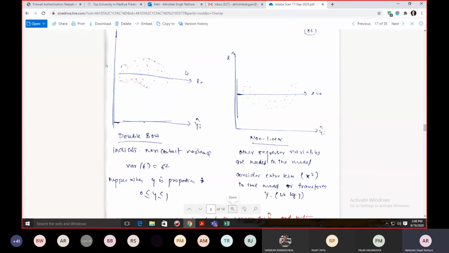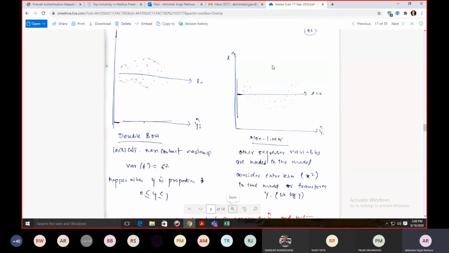Again we are having a non-linear plot that is available for us. What it means is that other regressor variables are required in your model. When you are having a few regressor variables, we will not consider all these values, because we need another regressor variable.